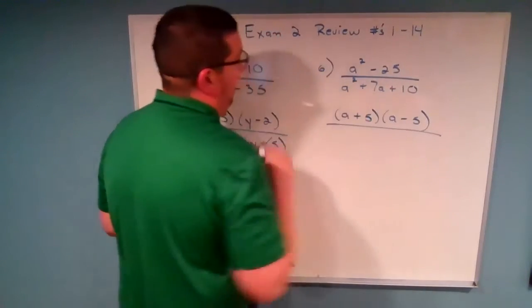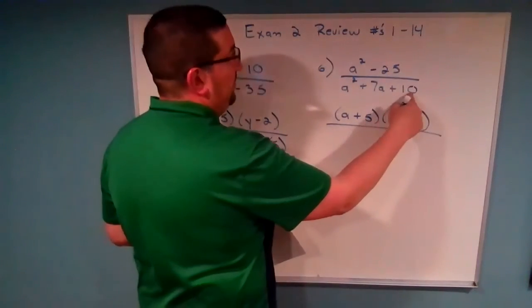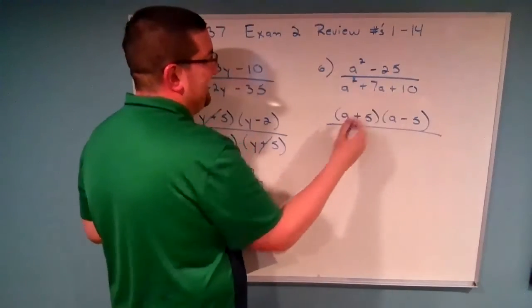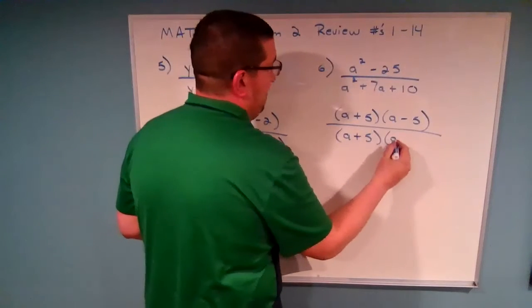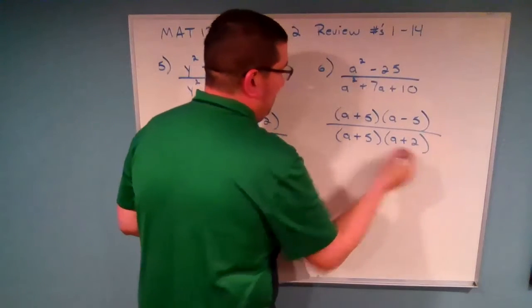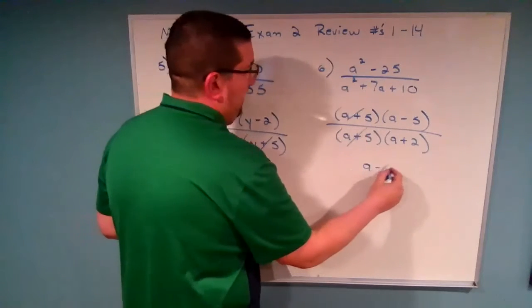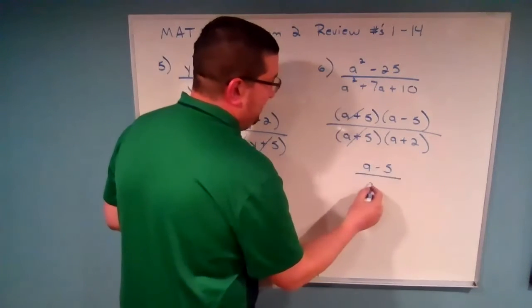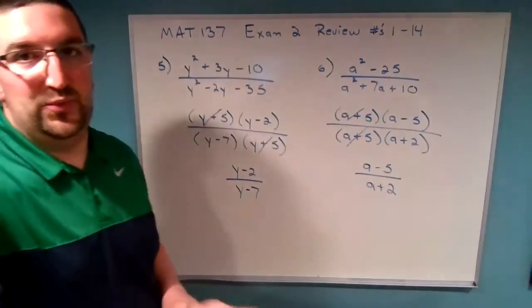The denominator, a squared plus 7a plus 10. We go looking for two numbers that multiply to 10 and add to 7. That would be a plus 5 times a plus 2. The a plus 5's cancel. Our answer is a minus 5 over a plus 2.